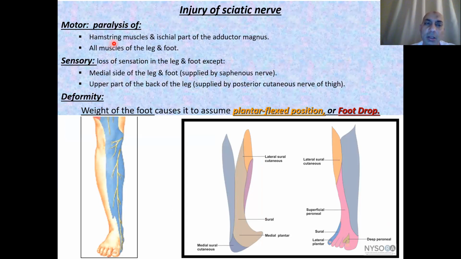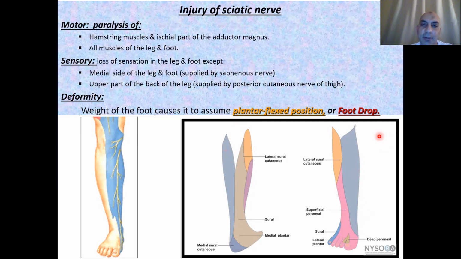All these muscles are going to be paralyzed with injury of the sciatic nerve. Sensation, loss of sensation of the leg or foot, except the 2 areas. First area, the upper part of the back of the leg, which is supplied by the posterior cutaneous nerve of the thigh. Second area, the medial aspect of the leg and the medial aspect of the foot, because I told you it is supplied by the saphenous branch of the femoral nerve.